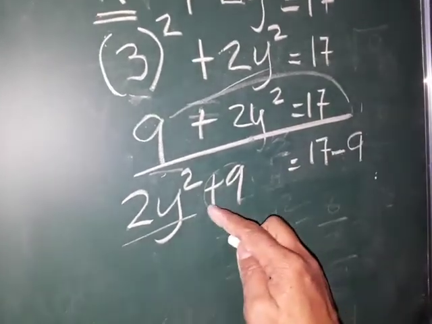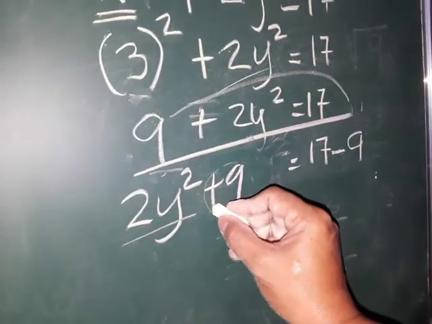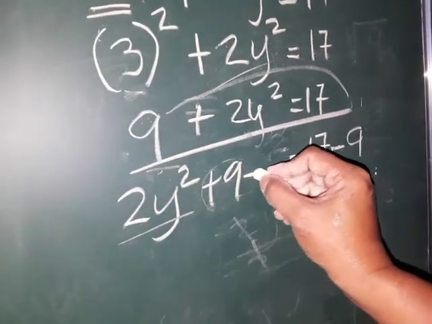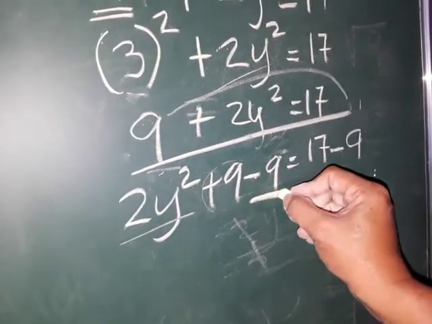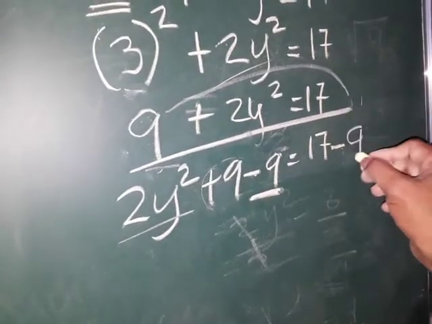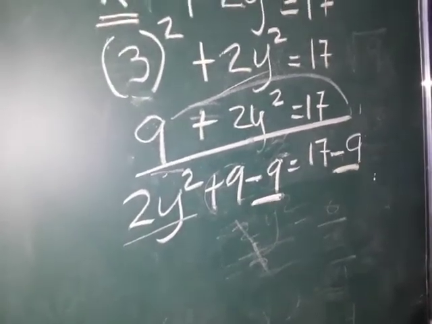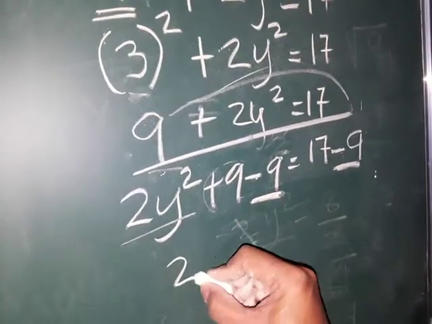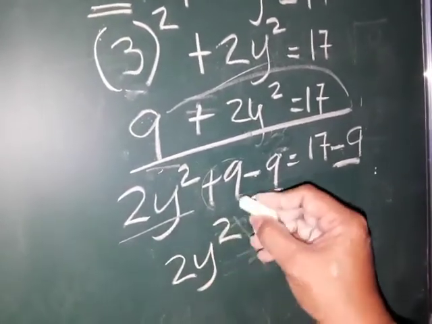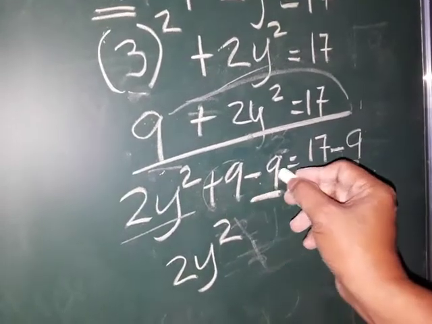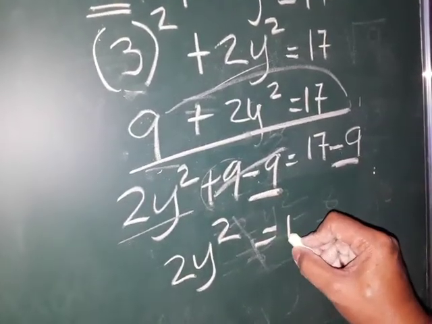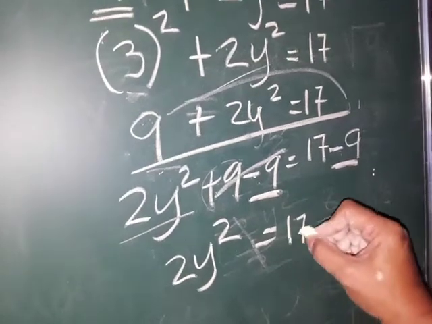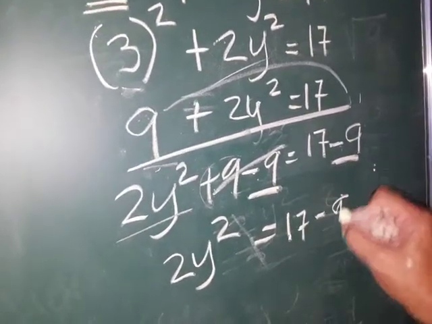So since this is positive 9, we subtract 9. But whatever we add here, we also add on the other side. That's why we have 2y squared plus positive 9 minus 9, which is 0, is equal to 17 minus 9 or 8.